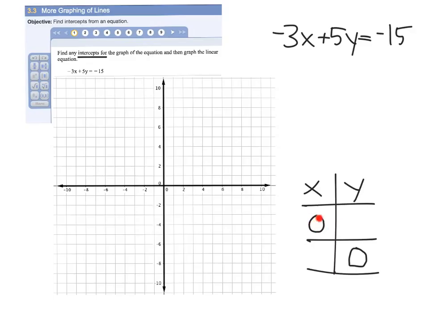So we're going to find y when x is equal to 0. It's going to be negative 3 times 0 plus 5y equals negative 15.